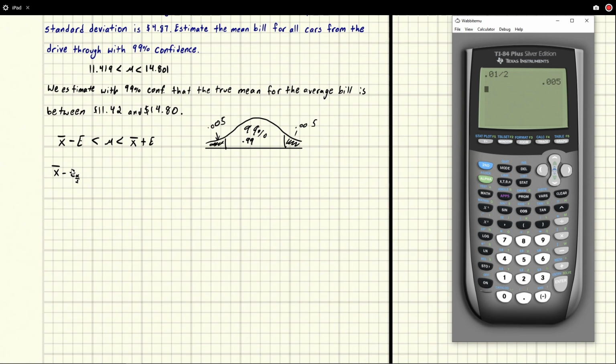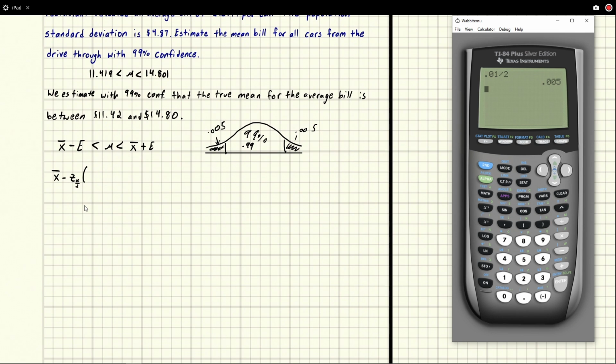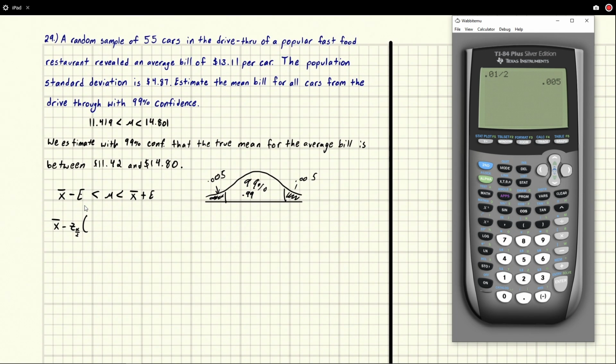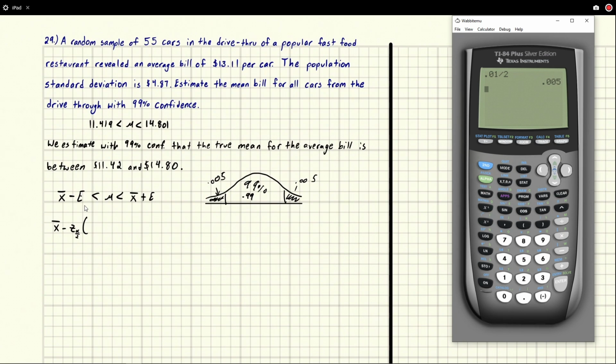So we take our z, and for the area below, it's actually our alpha, which is this area that we're not sure about, and we split it in half. And then we're going to multiply it by some error characterized by our data set, and that's going to be the standard deviation divided by the square root of n.